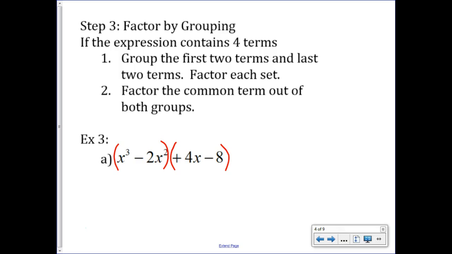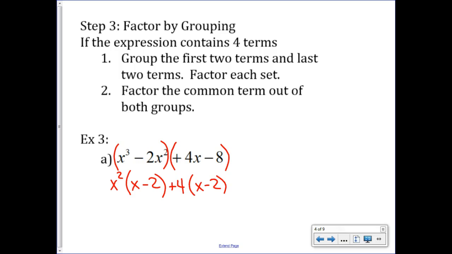I notice x cubed and 2x squared, they have an x squared in common. And left over I have x minus 2. And then 4x minus 8, they have a 4 in common and a positive 4, so I put a plus sign. And I end up with x minus 2.